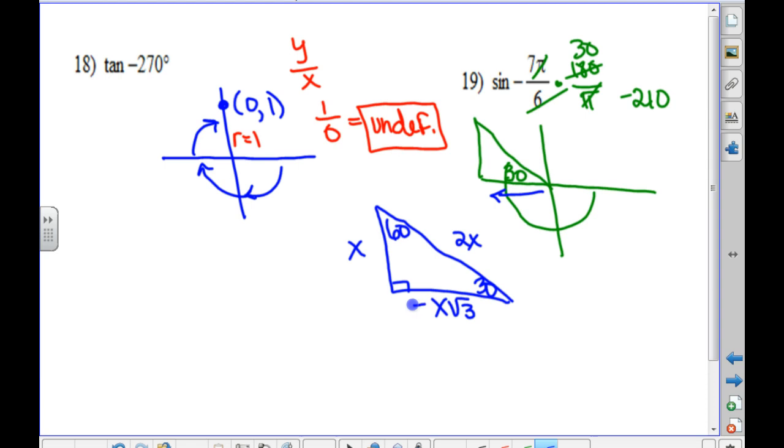Going left is negative, right? Okay, what's the sine? We don't need that anyway, because the sine is opposite over hypotenuse, which would be x over 2x, and what does x over 2x reduce to? 1/2. Kind of remember those a little bit?